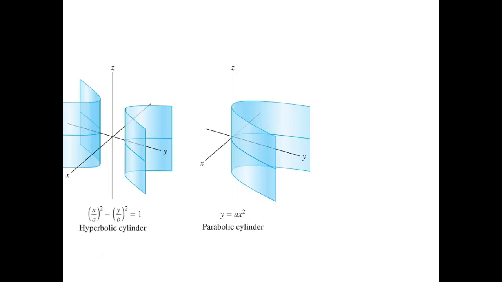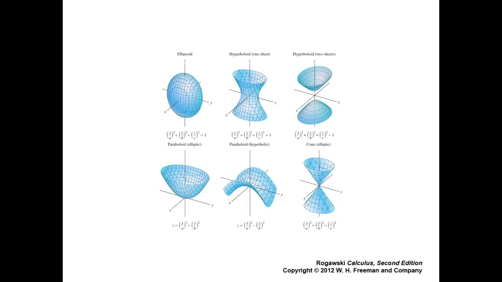Now, I don't think these are the last slides. No, here we've got some more. These are quadric surfaces. Okay, what would you say that first one was? That's an ellipsoid.